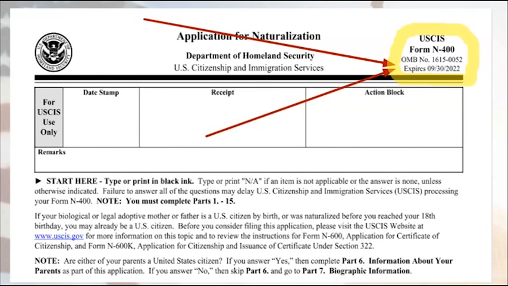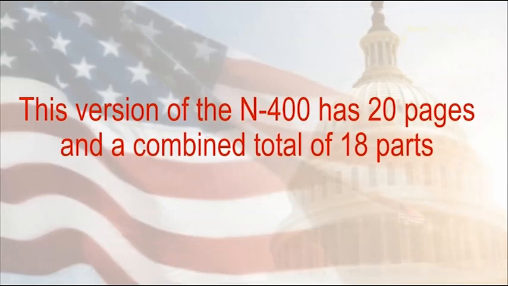So that means that after this particular date, you have to use the newer version of this application. So just keep this in mind when you are filling out the application. As you saw, as we were reviewing the application, this version has 20 pages and a combined total of 18 parts. Please make sure to go back to this presentation if you have any more questions on the N-400 application.